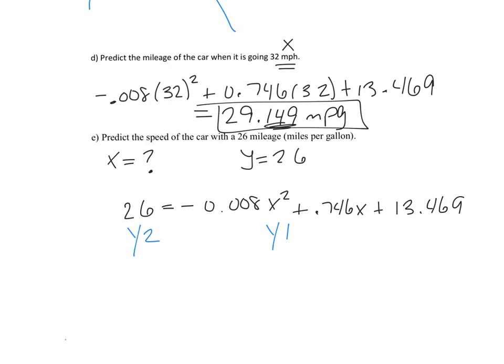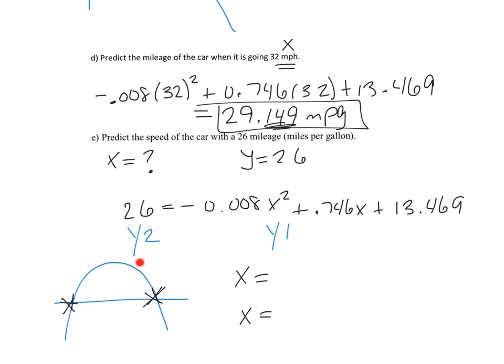When you press graph now, you'll see a picture that looks like this with two intersections. We're looking for the x values of these intersections. In order to get those x values, you will use your calculator again and press second trace, but this time you're going to press intersect. What you're going to do is do two separate intersections.